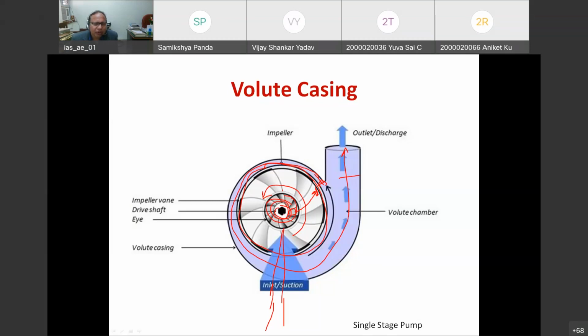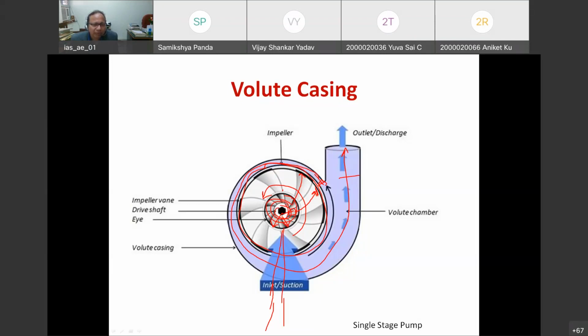At the eye of the impeller the velocity of the fluid is very high, and it reduces with the passage of distance toward the periphery. If this very high velocity gets the power of rotation, then it comes out at the periphery of the impeller, and what happens?